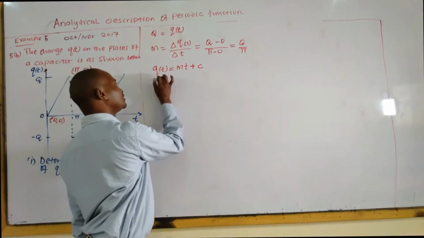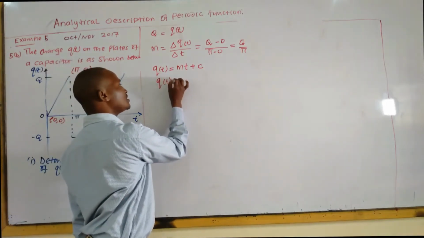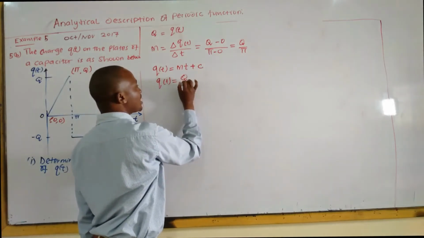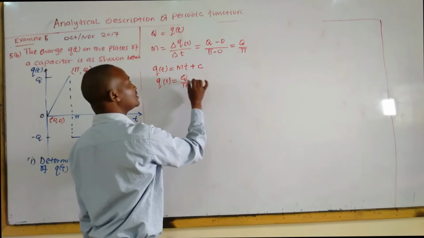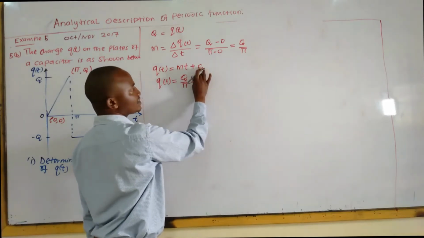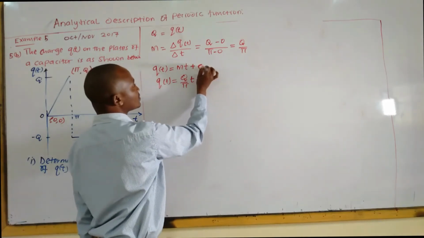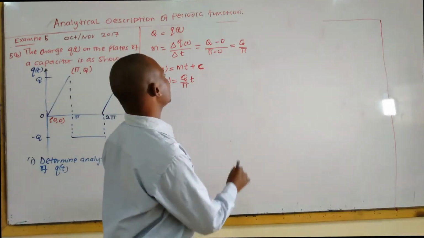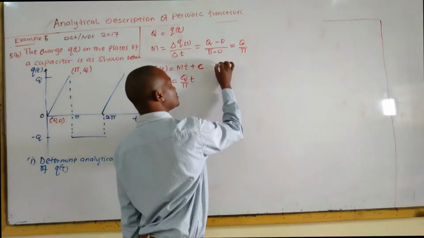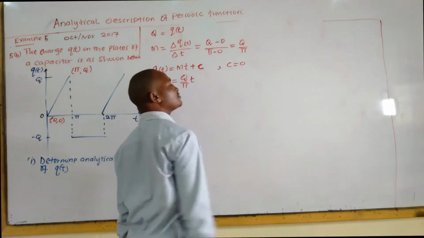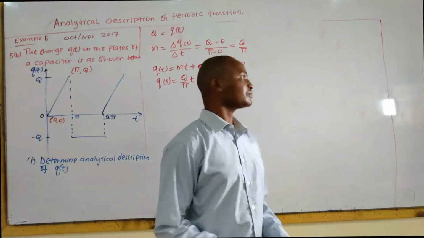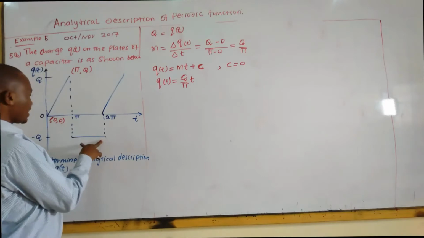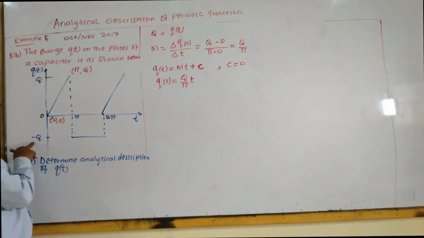Q of t is equal to m, which is Q all over pi, t. This c is equal to 0, because the intercept is equal to 0. Here, the value of charge is negative Q.